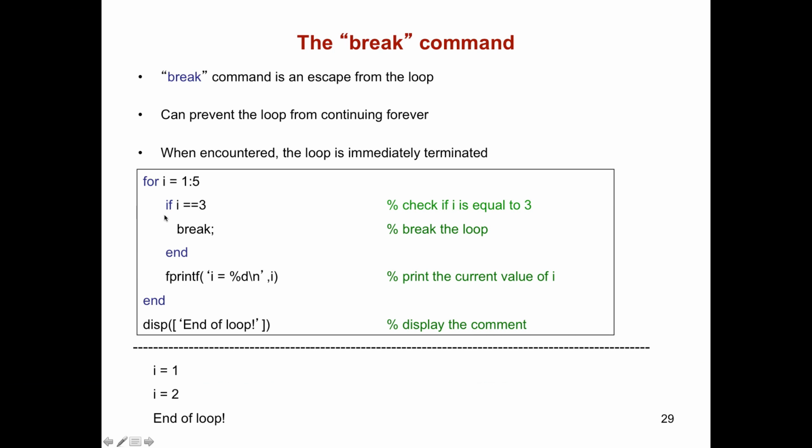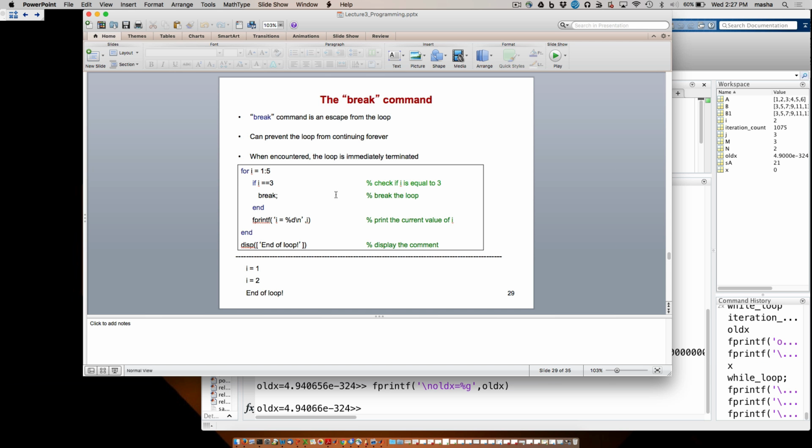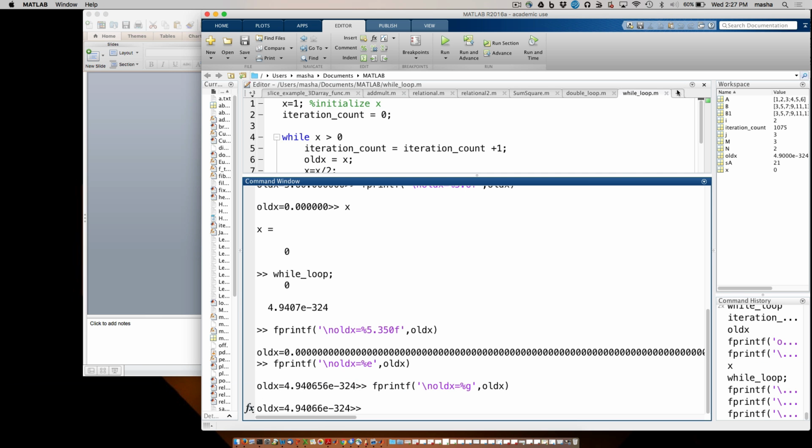Or exit this current command. So basically, it will go through 1, it will print 1 and 2, but at 3, I would break out and I wouldn't print anything afterwards. So it will just display end of loop at the end. So try typing this in. I'm going to call it break.